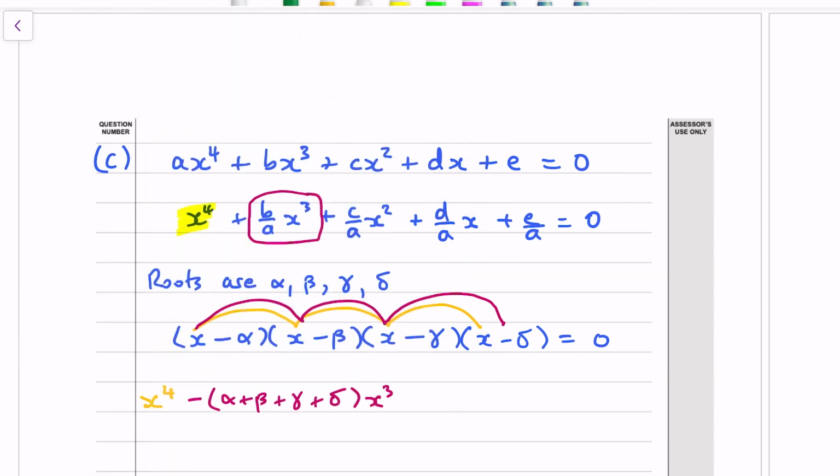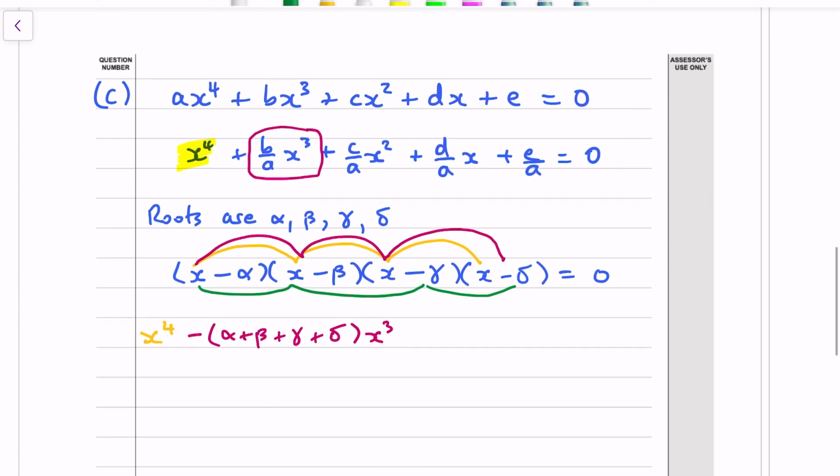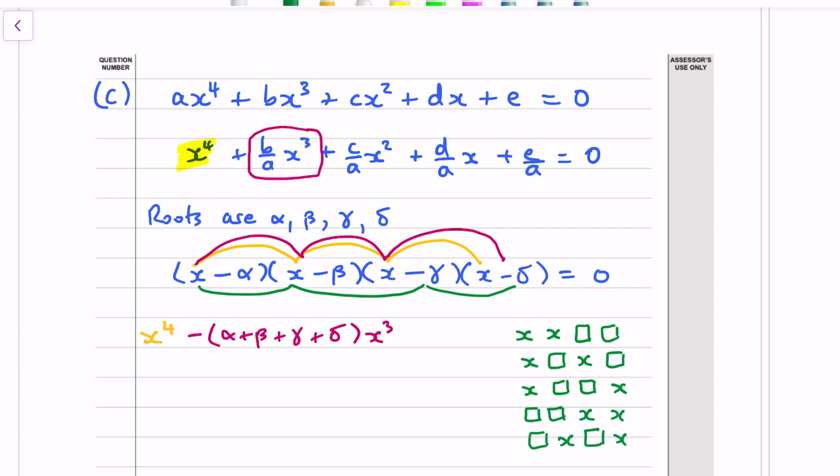The squared term, x times number times number. There are 6 different ways of getting an x squared out of this expansion.